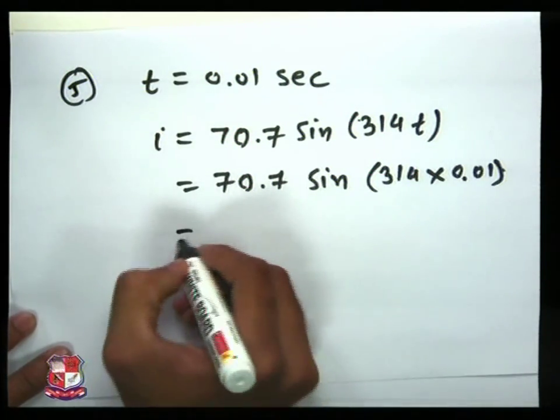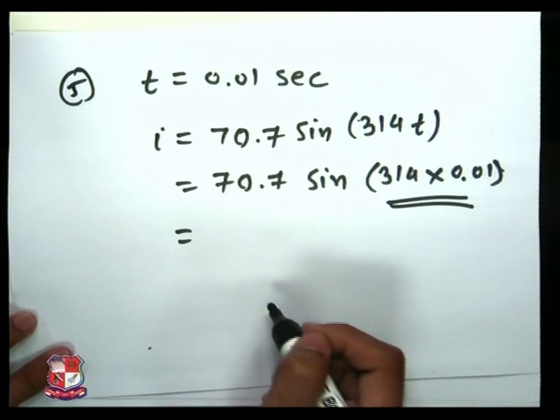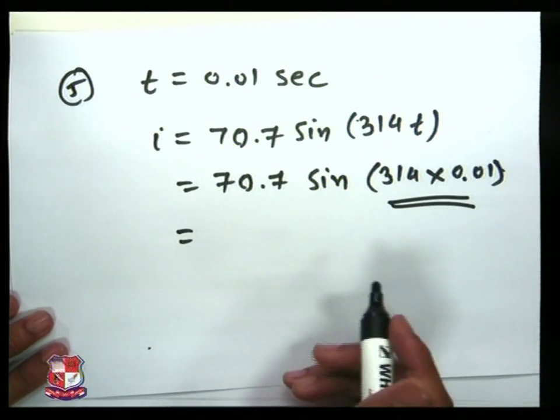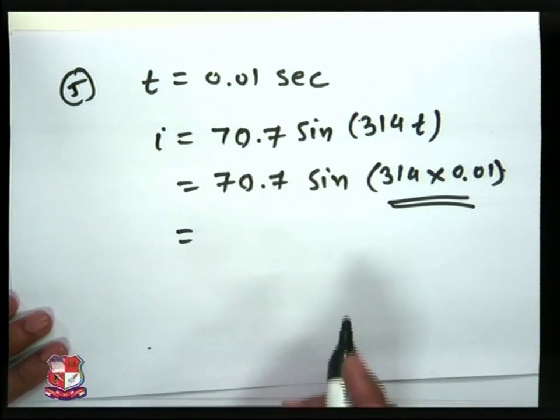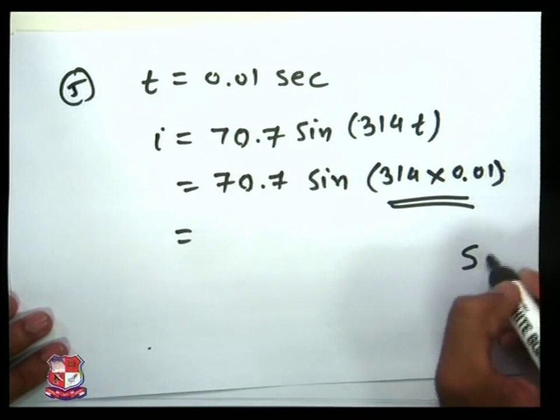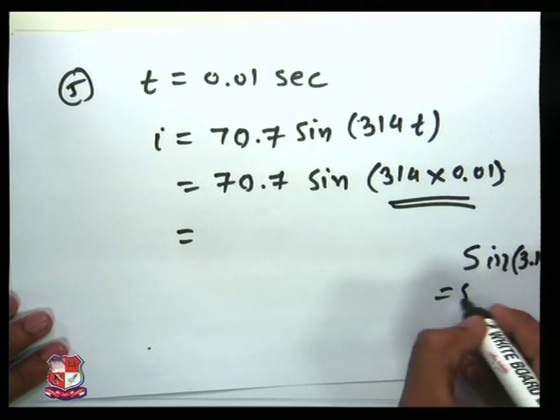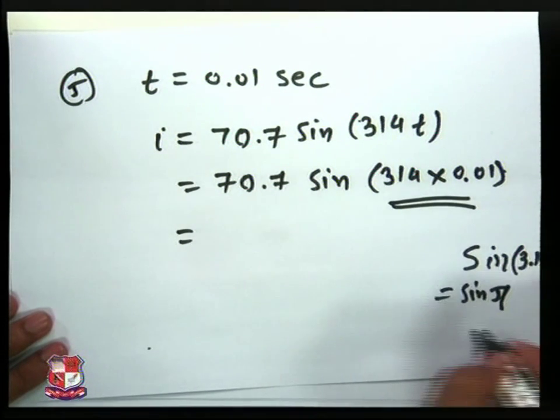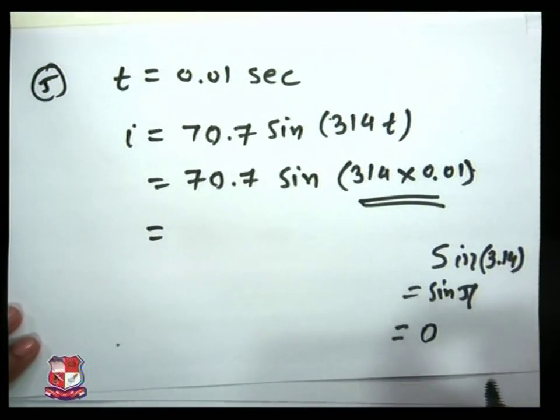Now on multiplying, this value becomes 3.14, and it gives sine 3.14. That is equivalent to sine pi, and we know that the value of sine pi is 0.